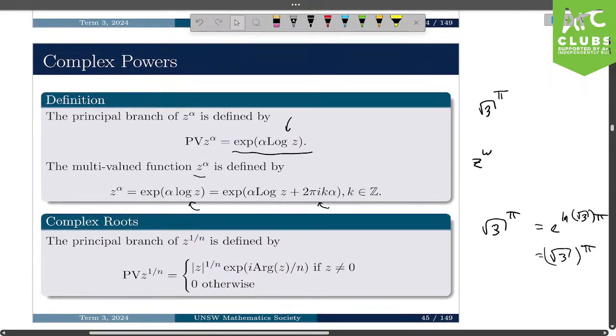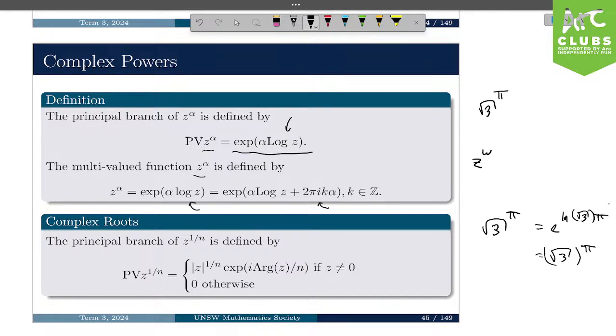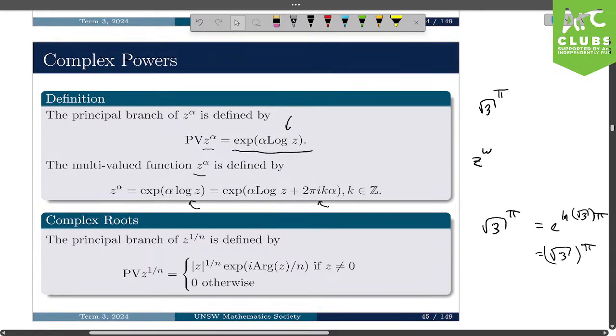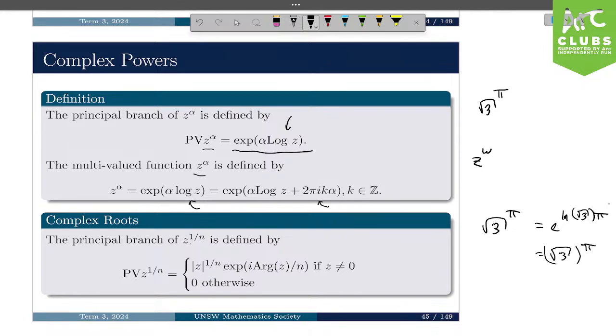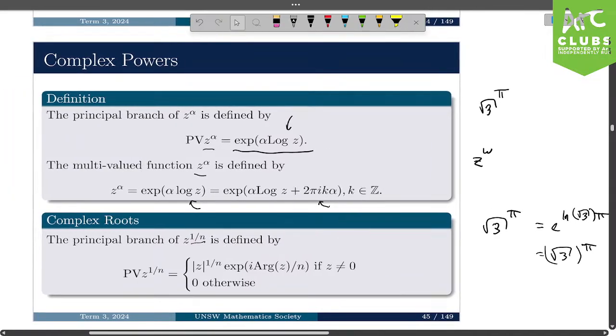So defining how to raise numbers to some power also allows us to define how to take the nth root of a number, because that's the same as just raising a number to 1 over n, okay? And the way we define it is exactly the way we have here, just with some simplification. So modulus of z to the power of 1 over n.